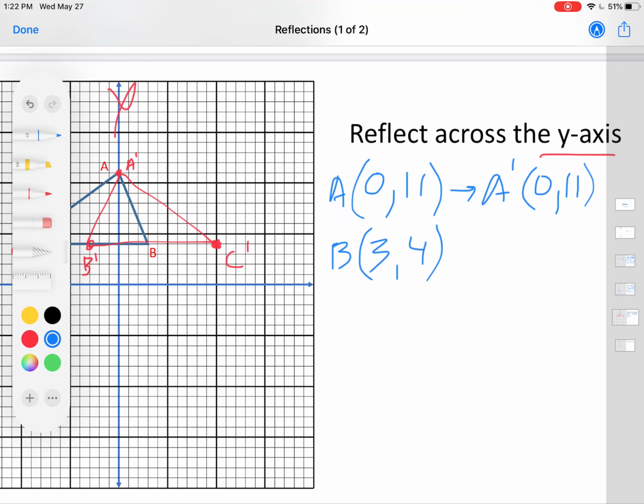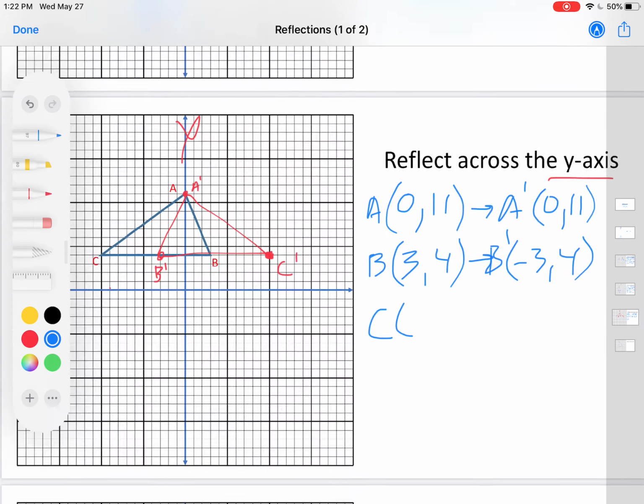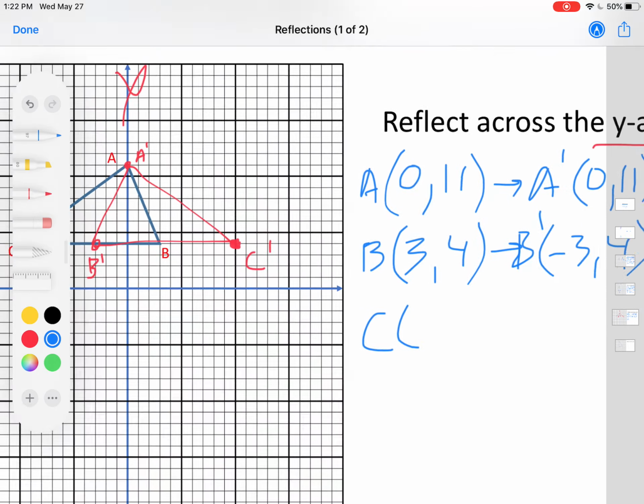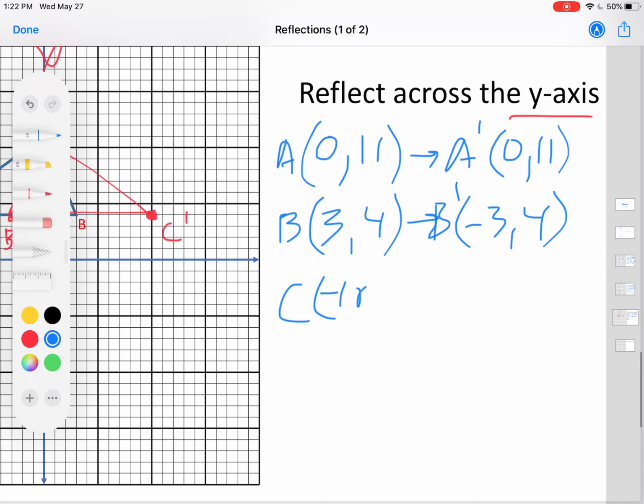Remember, it goes to the right and up. Its reflection, B prime, is -3, +4. C is -10, +4. Its reflection, C prime, is +10, +4.